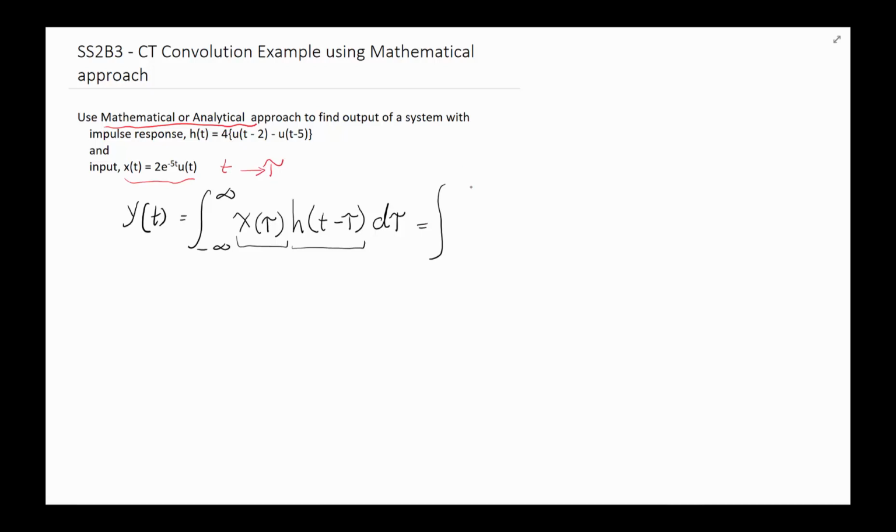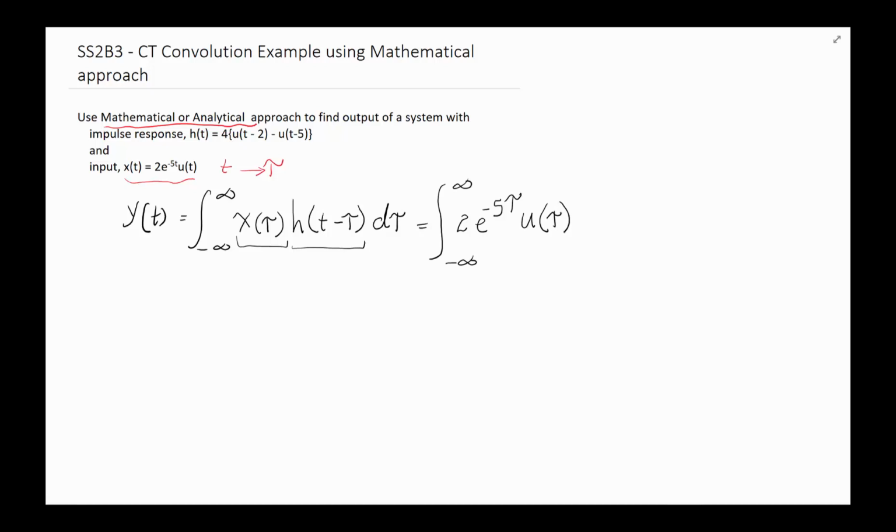So it's going to be from minus infinity to infinity still. X of tau is going to be basically 2e to the minus 5 tau u of tau.